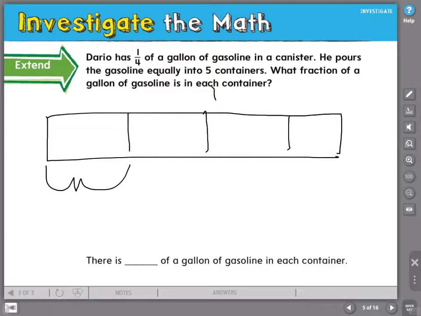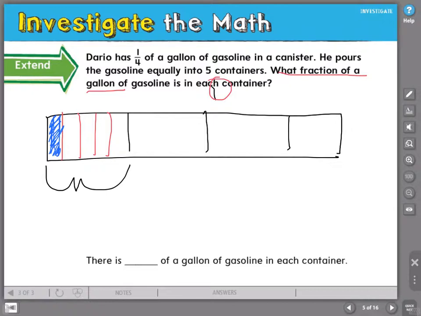And he takes this 1/4 gallon of gasoline and he splits it equally into 1, 2, 3, 4, 5 containers. So we're looking for what fraction of a gallon, what fraction of our whole, is in each container. So we want to know how this fractional piece relates to the whole.